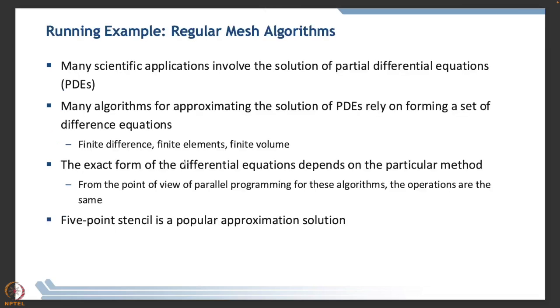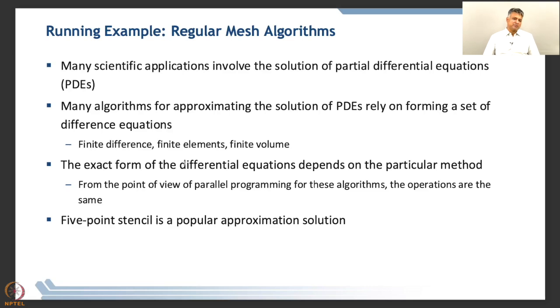Now, let us look at some regular mesh algorithms. Most scientific applications typically involve the solution of partial differential equations. Most of these algorithms approximate solutions of PDEs by forming a set of difference equations, usually employing methods like finite difference, finite elements or finite volume.